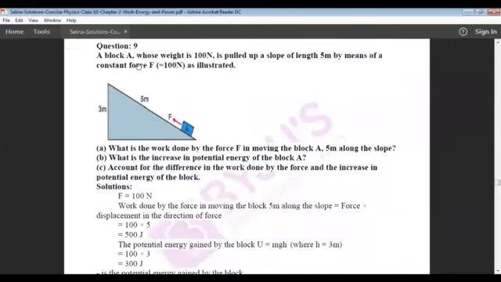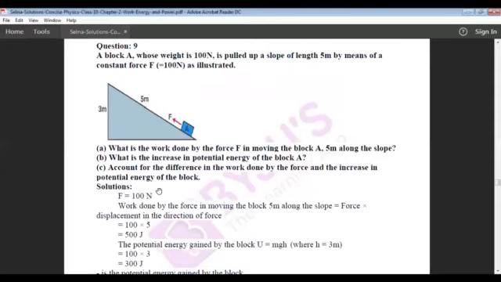Ninth one. A block A whose weight is 100 Newton is pulled up a slope of length 5 meter by means of a constant force as illustrated. Okay, so they are pulling the block along this slope. What we need to find is, what is the work done by the force F in moving the block A 5 meter along the slope.